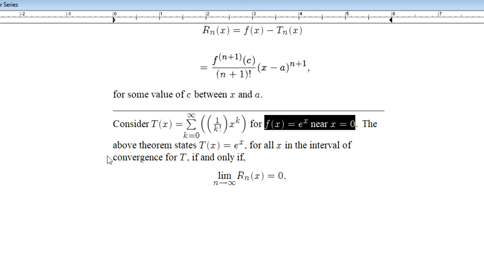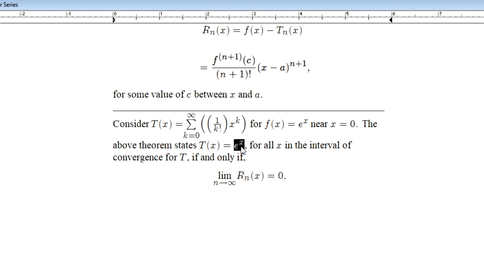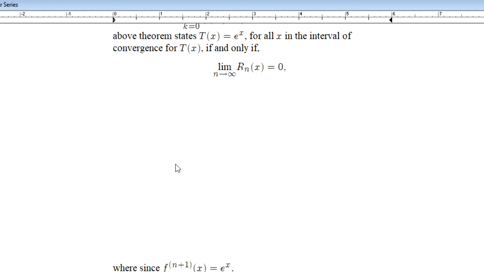The above theorem ends up telling us, in a sense, that this Taylor polynomial T of x is essentially the exponential function for all values of x in the interval of convergence for that Taylor series T of x, if and only if the remainder for the nth degree Taylor polynomial in this case heads to 0 as n heads to infinity.